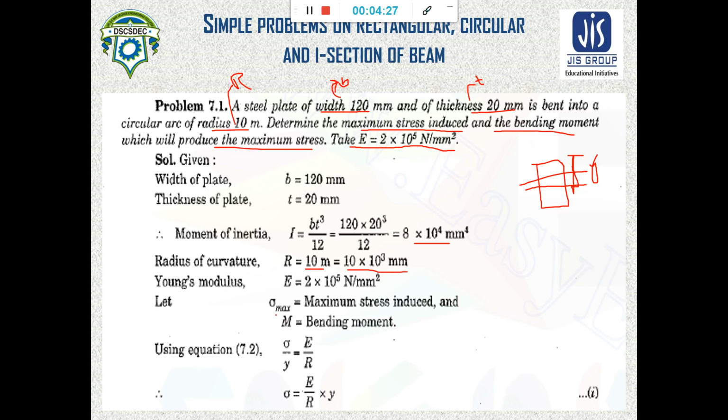Now sigma max is the maximum bending stress induced, and M is the bending moment.